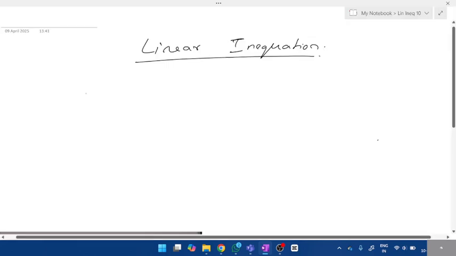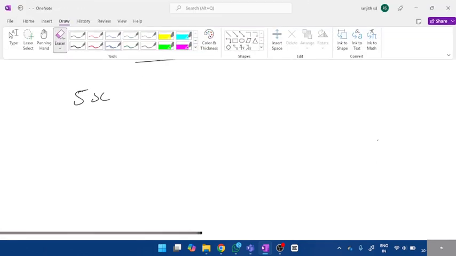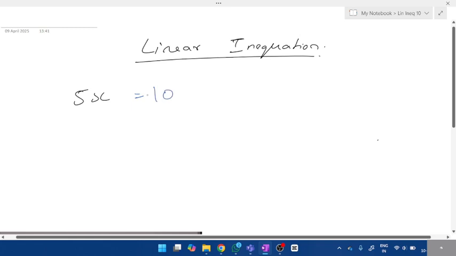For addition and subtraction, there is no special rule. Only for multiplication and division. Take 5x is greater than 10.